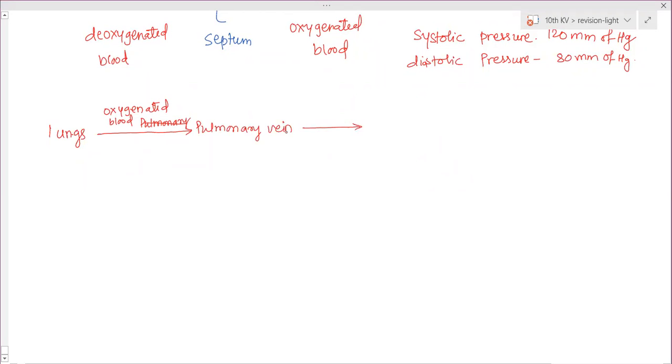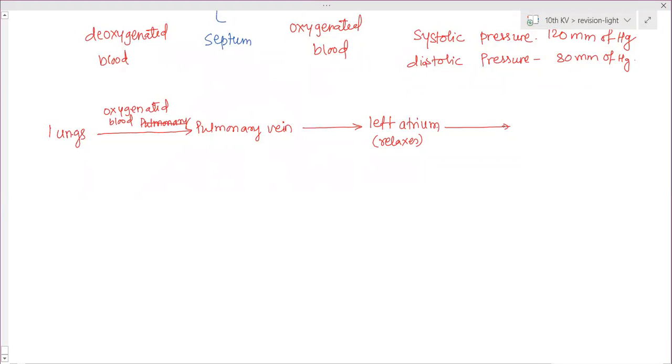The pulmonary vein pours this oxygenated blood into the left atrium. When the left atrium relaxes, at that time the pulmonary vein pours the blood into it.